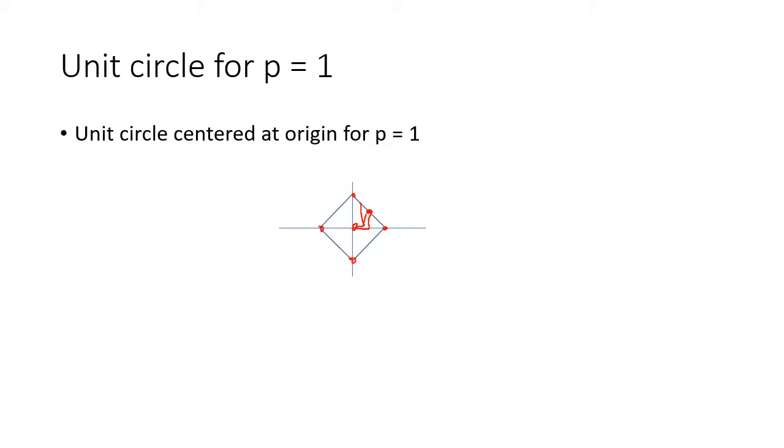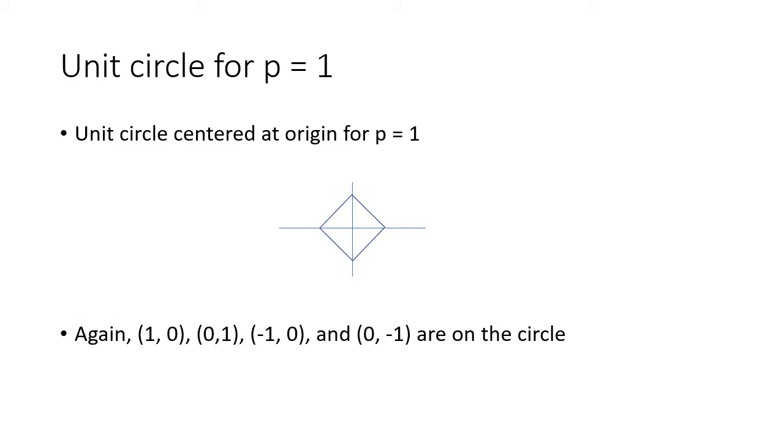And so in this case, a unit circle looks like a square that is turned 45 degrees relative to the axes. And again, the same points are on the circle at the corners of the square in this case.